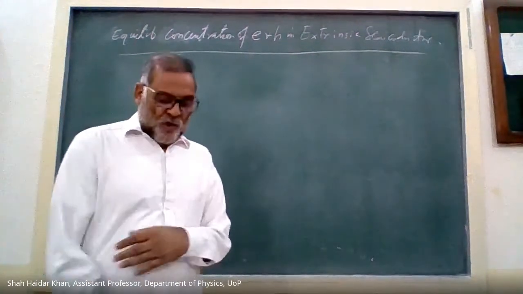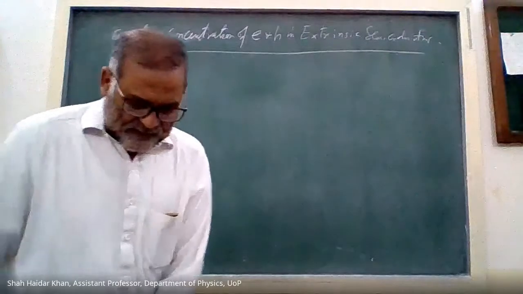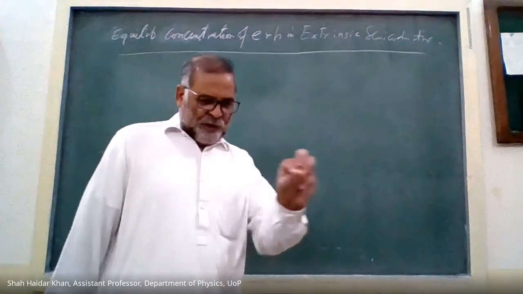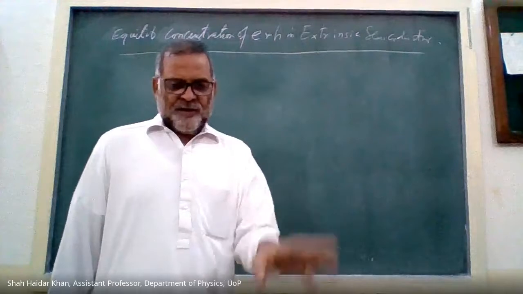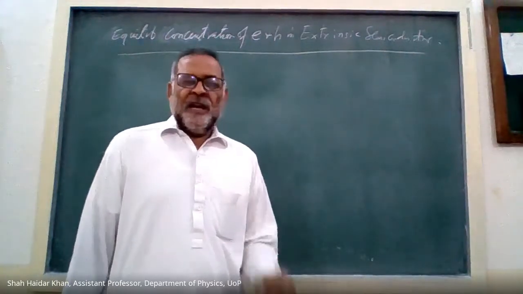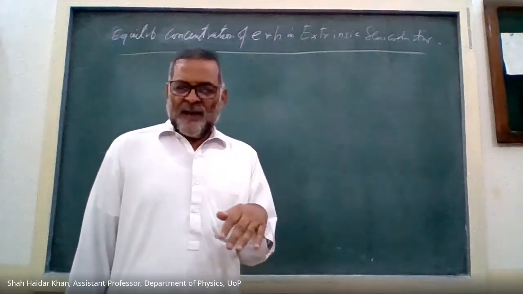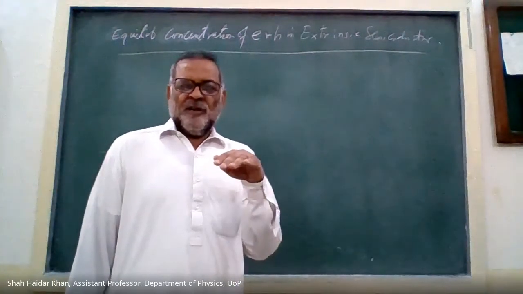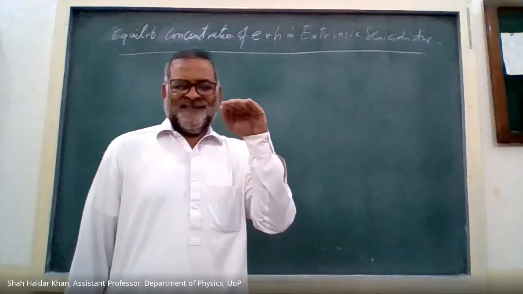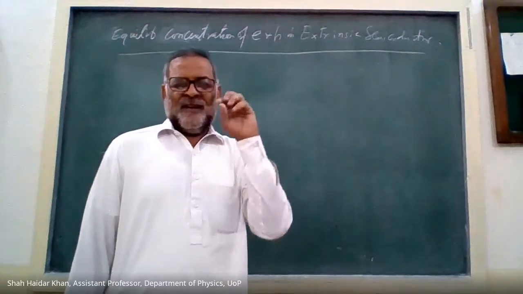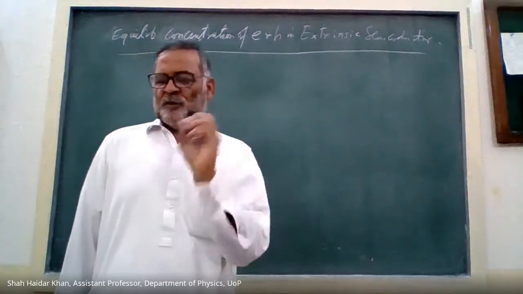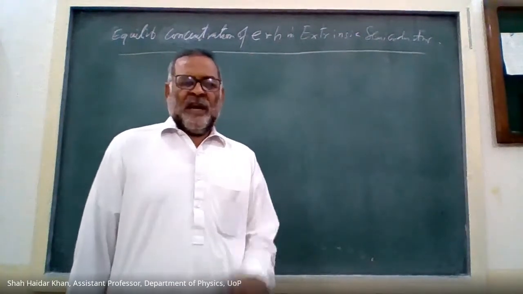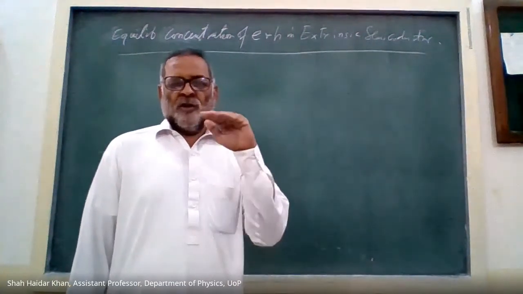So if you introduce more and more electrons, or donor impurities, in a semiconductor, what happens? The Fermi energy will go up. You add donor impurities, and the Fermi energy will go up.